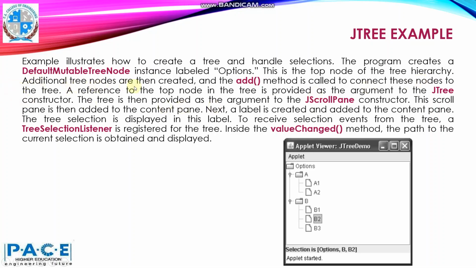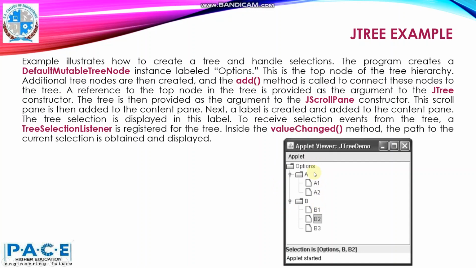Then additional tree nodes are created and the add method is called to connect these nodes to the tree. So if you see here in our tree, we have the top node options over here. Then we create two additional default mutable tree nodes A and B, and we add A and B to the top node, so they become the children of the options node.